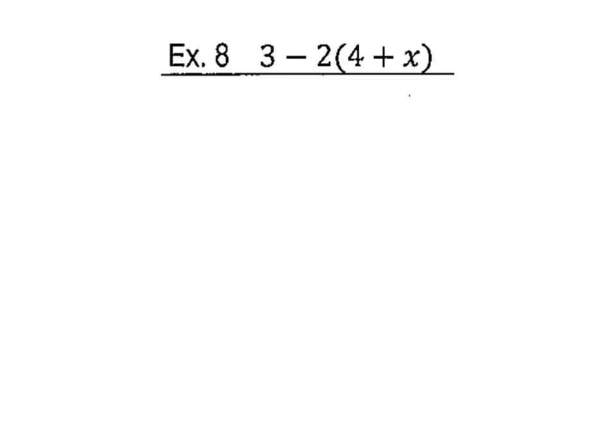Ooh, distribute and combine like terms. Crazy. Distribute this first. Okay? Negative 2 times a 4 and then a negative 2 times an x. And rewrite it with my new distributed numbers. 3 minus 8, negative 2 times 4, minus 8.